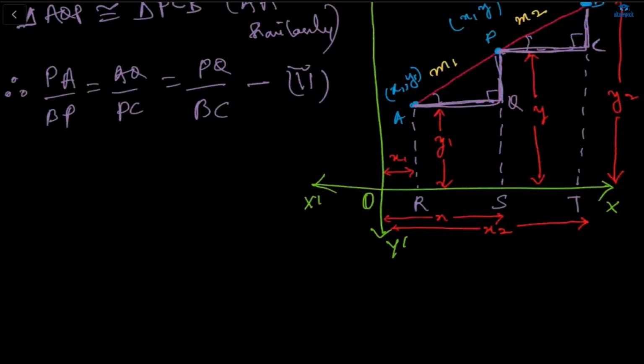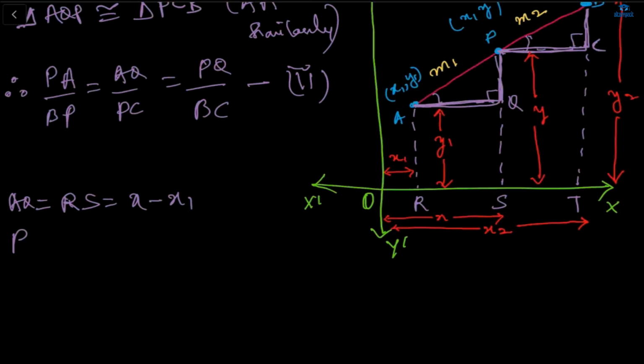Now if you see the value of AQ in the figure, AQ can be written as RS, and RS can be written as X minus X1. Understood?